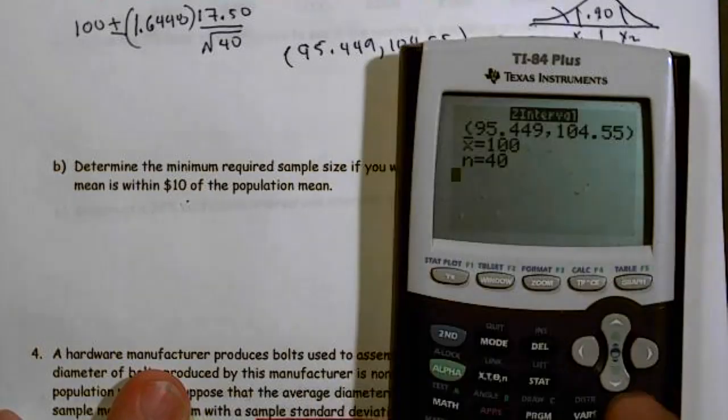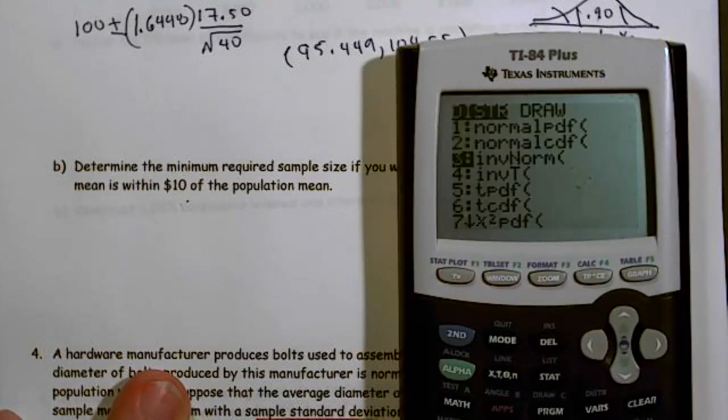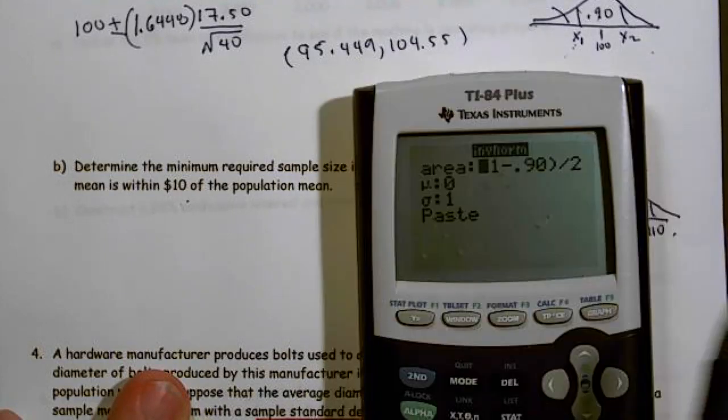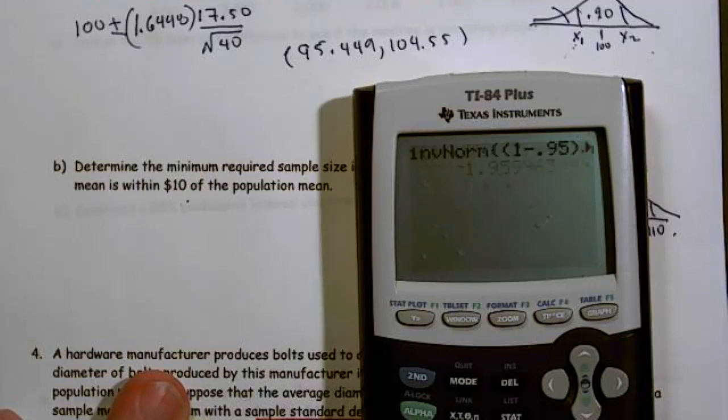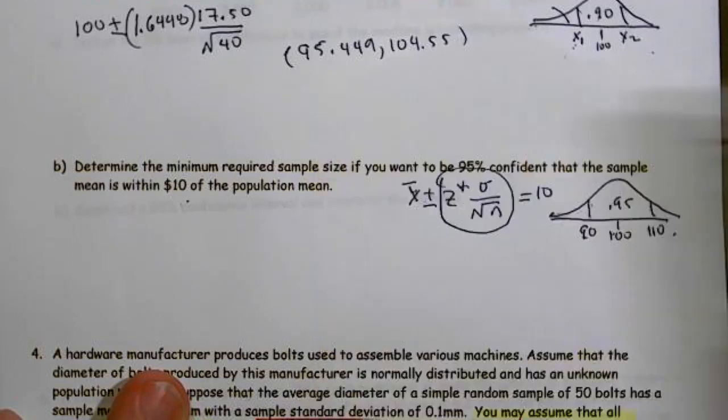Second vars, inverse norm, and we want a 95% interval. So in this case, parenthesis 1 minus 0.95 divided by 2, because we have two tails, mean is 0, standard deviation of 1. And we end up getting 1.9599.